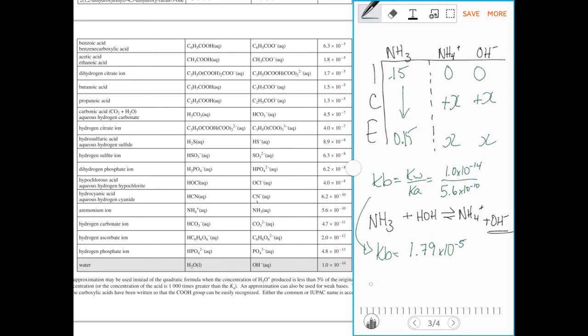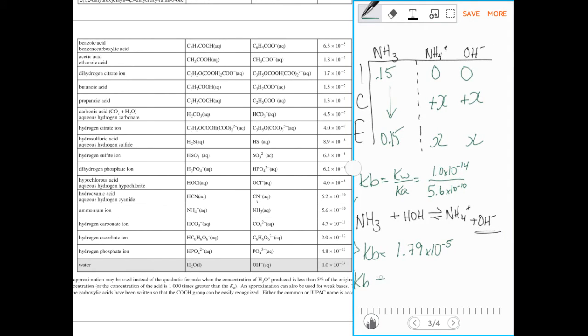So I can calculate that my Kb is equal to my products over my reactants, and my products are going to be x squared over my reactants, which is 0.15, equals my 1.79 times 10 to the negative 5.